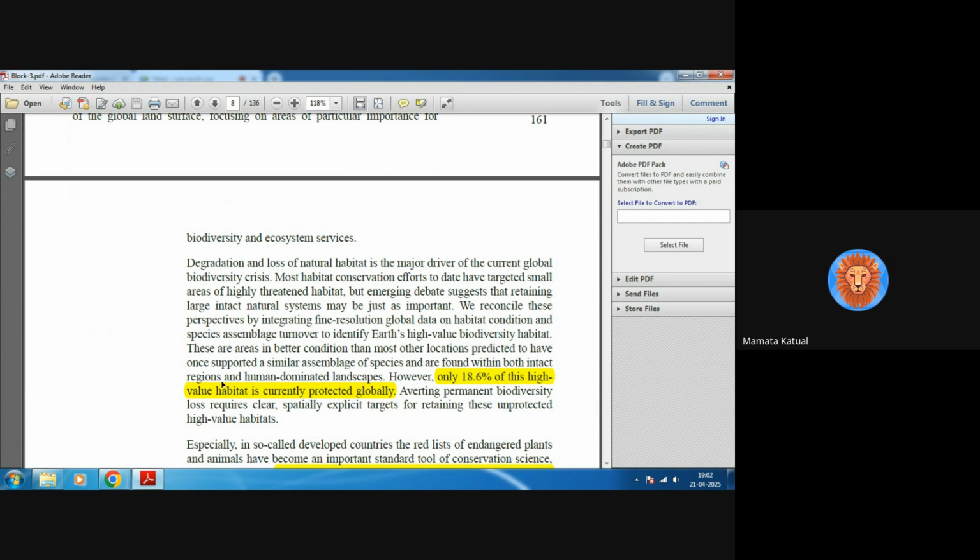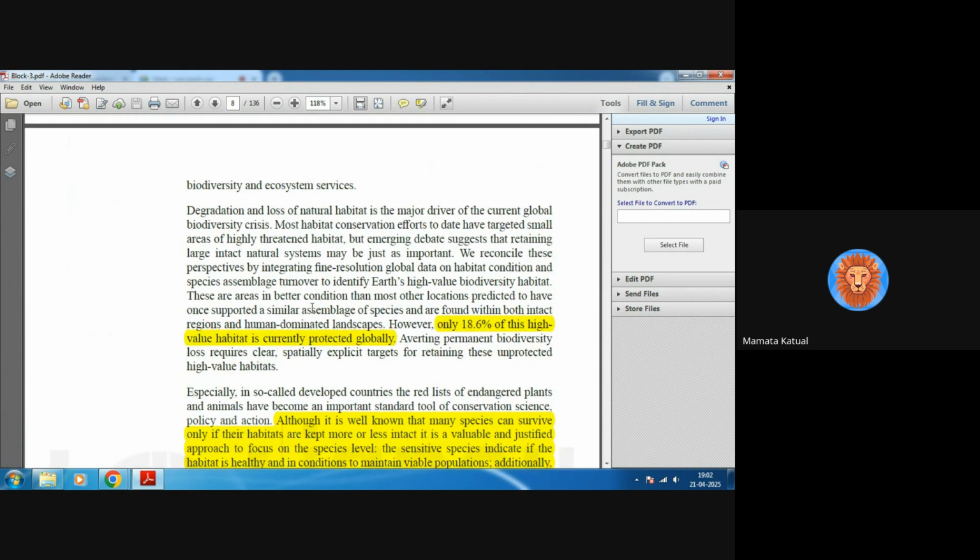If they have high importance, then they have a high value, and these are known as high value habitats. So first we have to locate what are the high value biodiversity habitats.